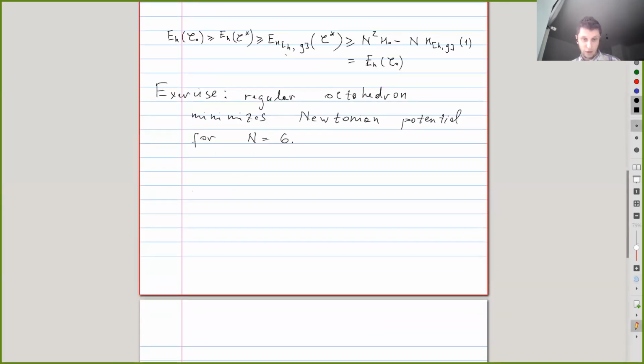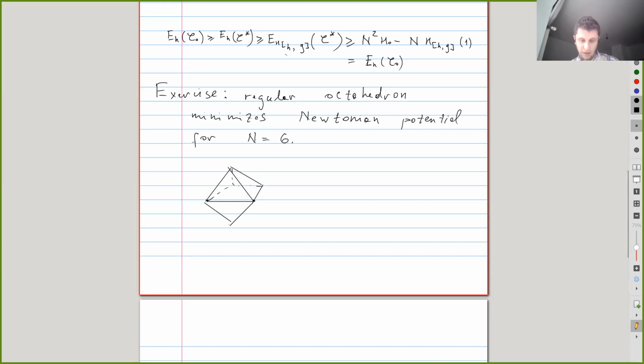What is an octahedron exactly? And again, you can, in principle, come up with this candidate numerically, using your computational package of choice. I cannot clearly draw a straight line, so we'll try with the ruler. It's a square bipyramid, if you like that better, and it's regular so that all the edges are equal.